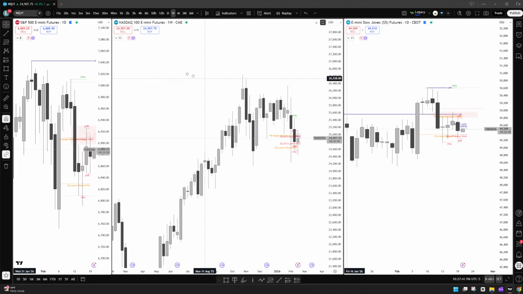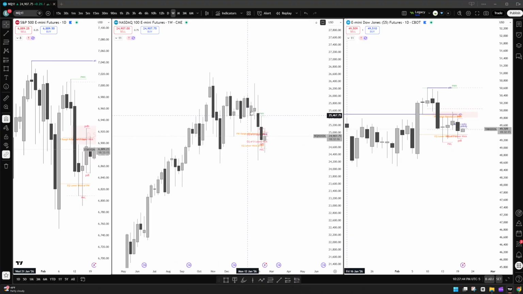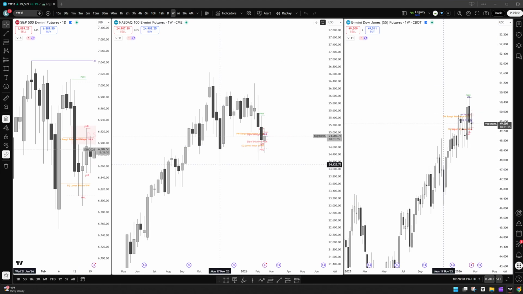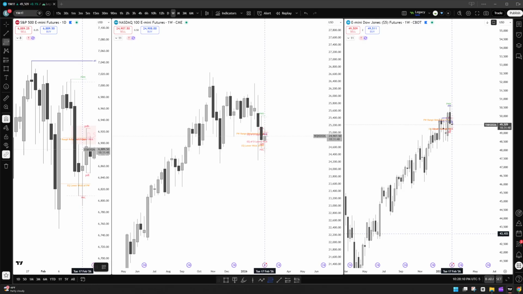So even though, if we go to the weekly on NQ, it looks a lot worse. We have these two bearish candles. We got these almost relative equal lows down here that, to be totally honest, could use some manipulation. But the reality is, look, this low is down here. Let's talk about it real quick because this is interesting. Look on the weekly, and I pointed this out a while ago, but let's find it.